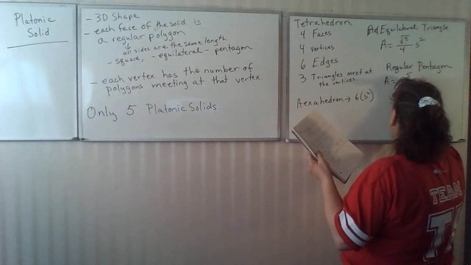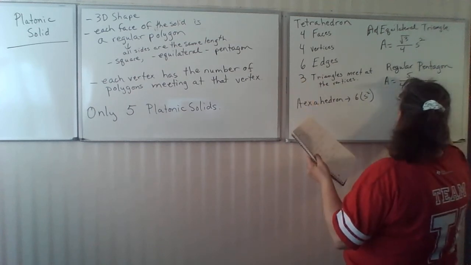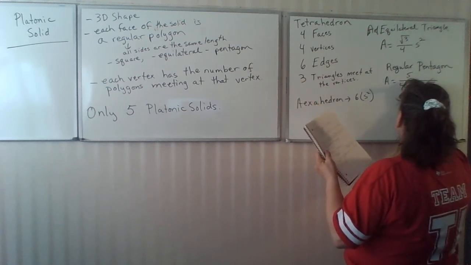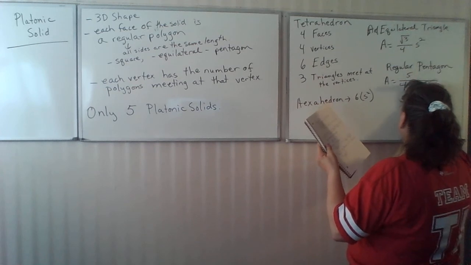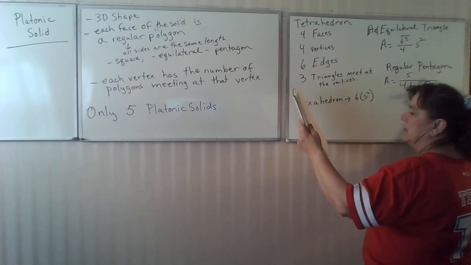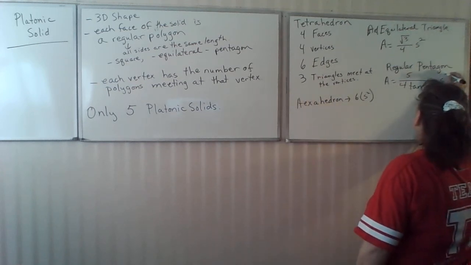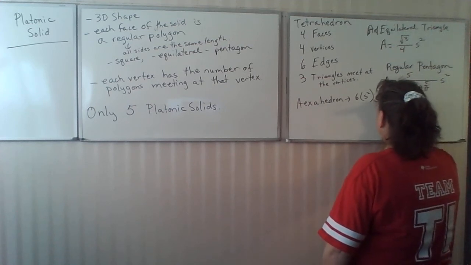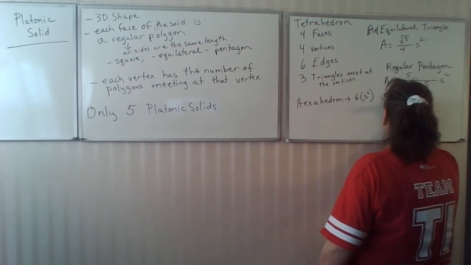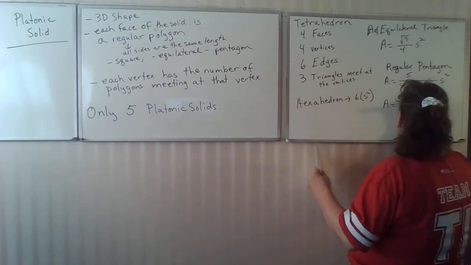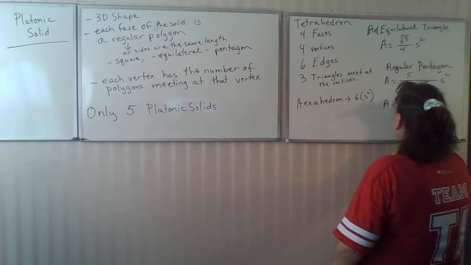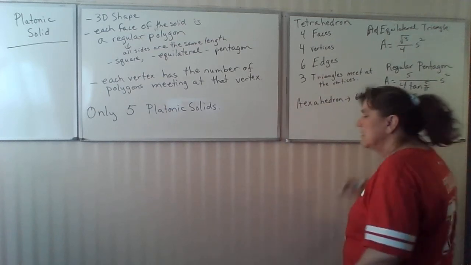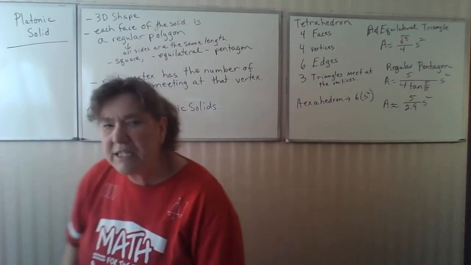But the official one is 4 times the tangent of pi over 5 into the side squared. Turns out that that's equal to 5 over 2.9 side squared. It's not exact, it's a little bit of an approximation, but it's close enough.